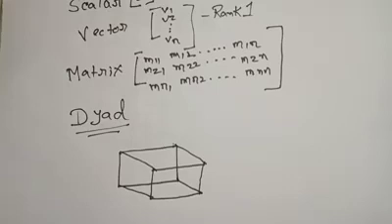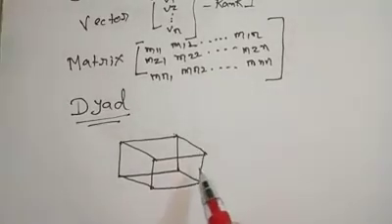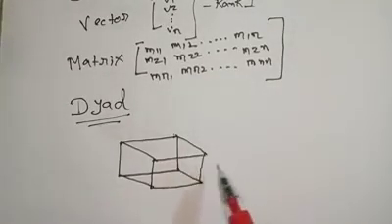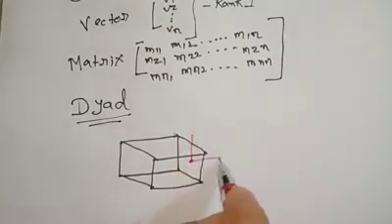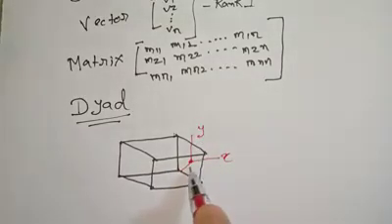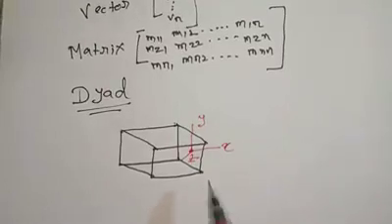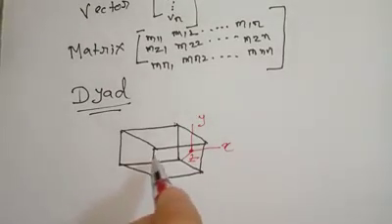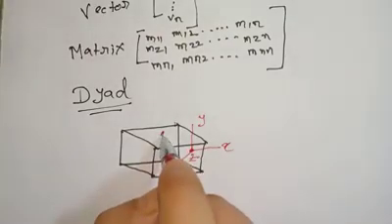Now let me put some different colors so that you can understand. If I take the three portions, we'll first take this part, the outer part of the cube. So we will have any physical object which is taking place. This would be x direction, this would be y direction, and this would be the z direction, right? If we take this middle part, let me take the upper slice.